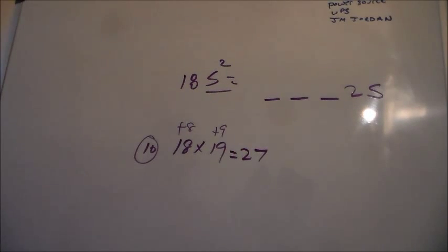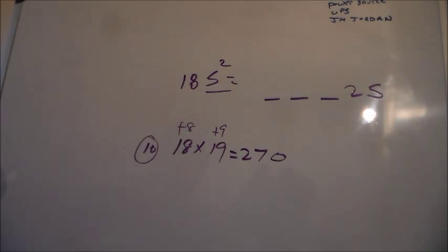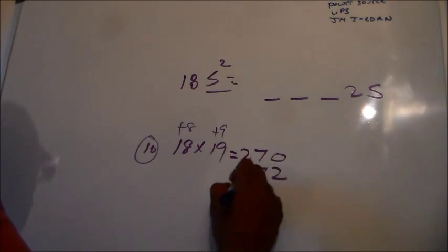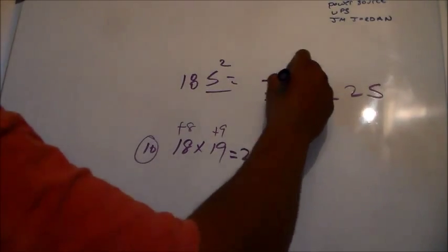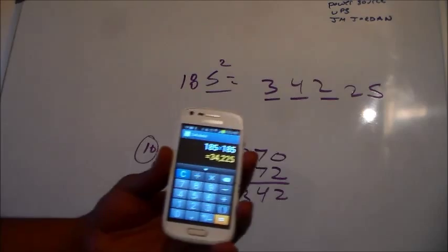What I need to do is I need to add a 0 and multiply 72, and I have to add that. So 2, 14, 342, 3, 4, 2, 2, 5, and I'm just gonna double check myself because I don't want to give you guys bad information. 3, 4, 2, 2, 5.